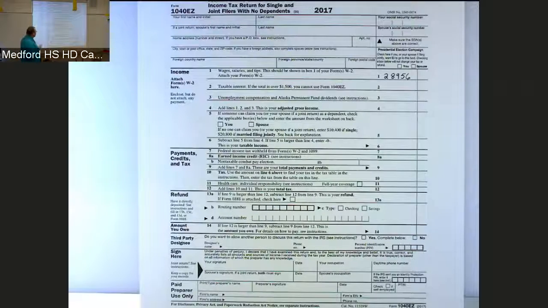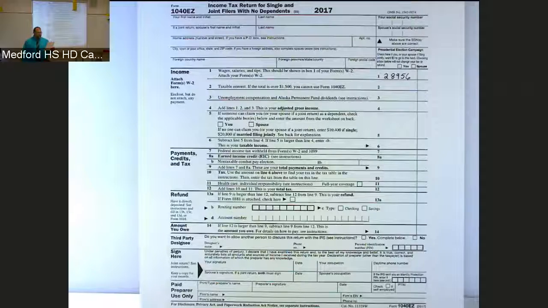Okay, so we're going to use that taxable interest. In your example, I give you the taxable interest. I will always give you the taxable interest. The taxable interest in the example is $26.52. See that?